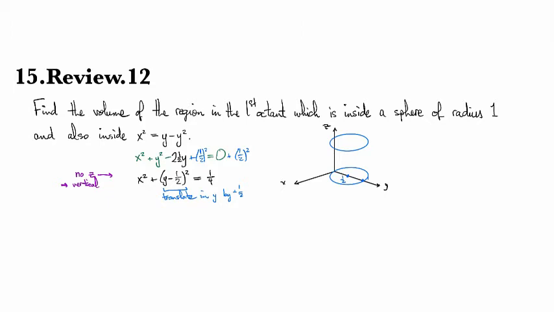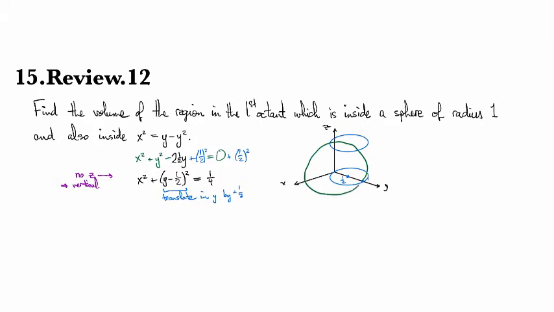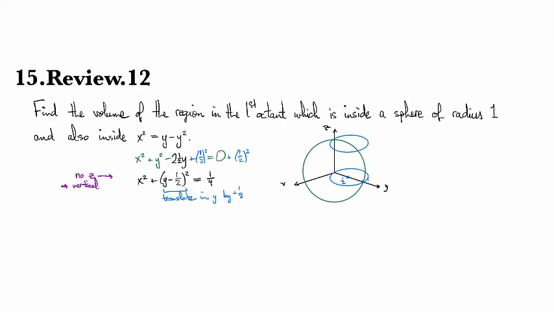And then at the same time, we also have a sphere of radius 1. Oh, okay, so let's see. So we have a sphere of radius 1. There we go. Oh, check it out, I almost lined up that cylinder perfectly. Okay, something like this.